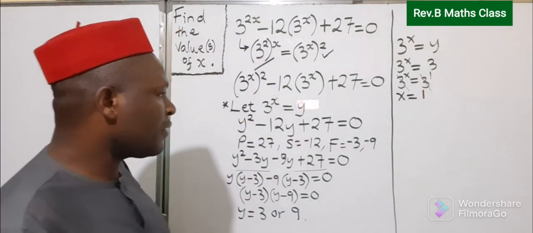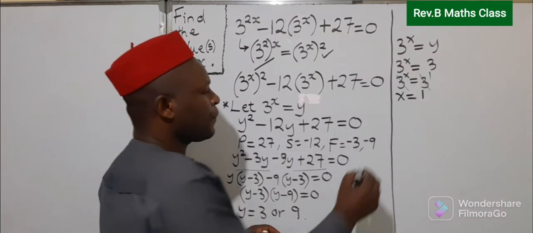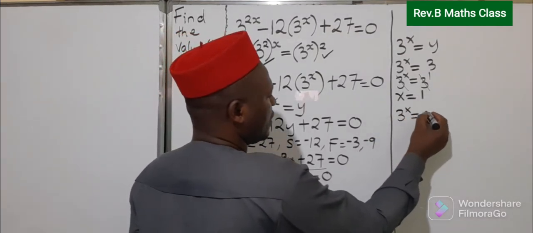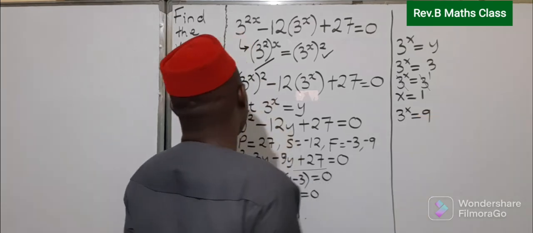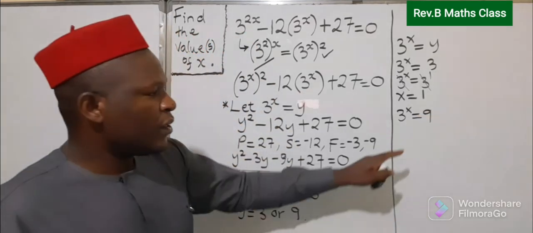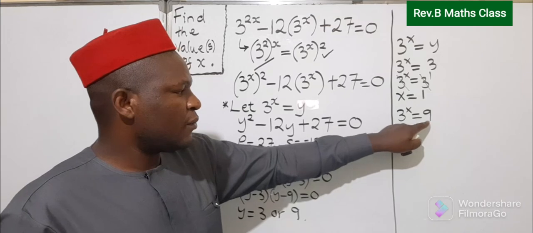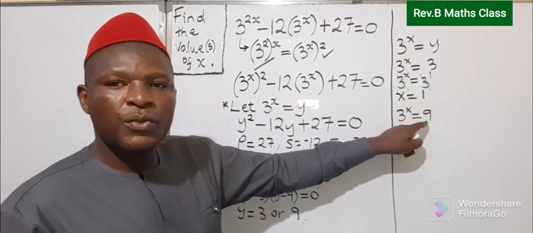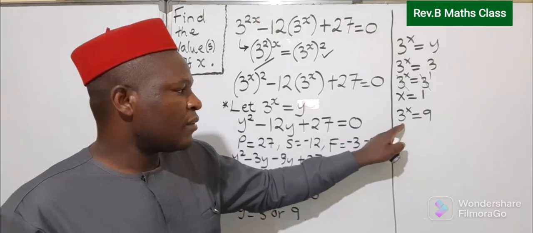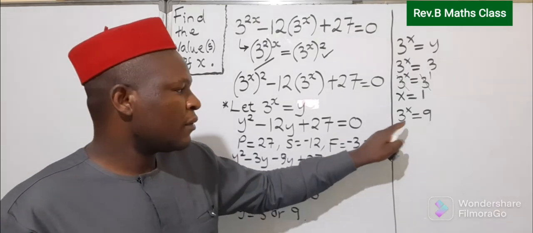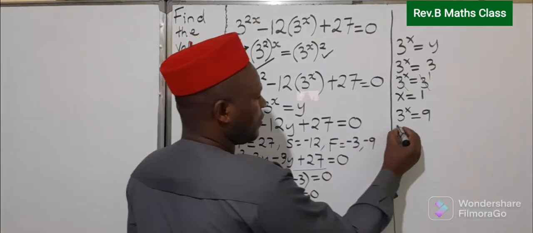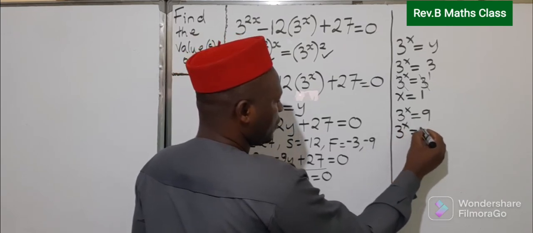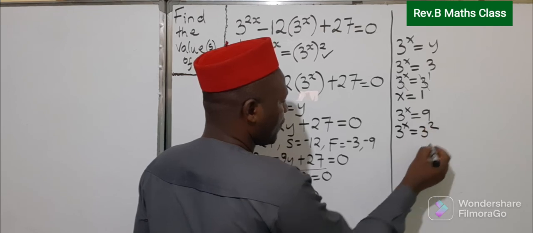So it means x is going to be 1 for the first value. What about the second value, which is a 9? You say 3 power x equals to 9. We standardize this. We are going to say 3 raised to power 2, which will give you 9. Why 3? Because on the other side, we also have a 3. So this would be 3 power x equals to 3 power 2.